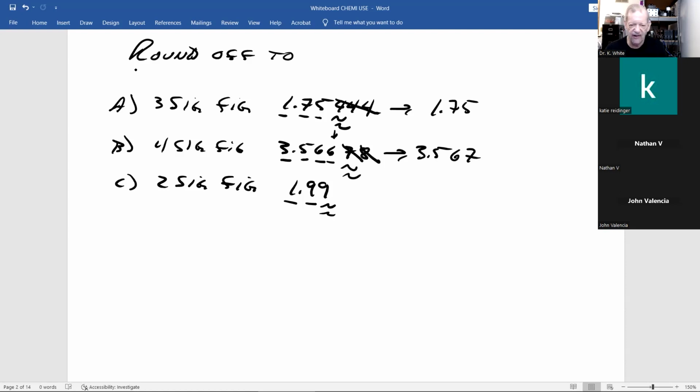That's 5 or higher. So I'm going to drop that and increase this by 1. Well, that becomes 1.0, but 1.0 plus 1, this rounds off to 2.0. And that's how you do something like that.